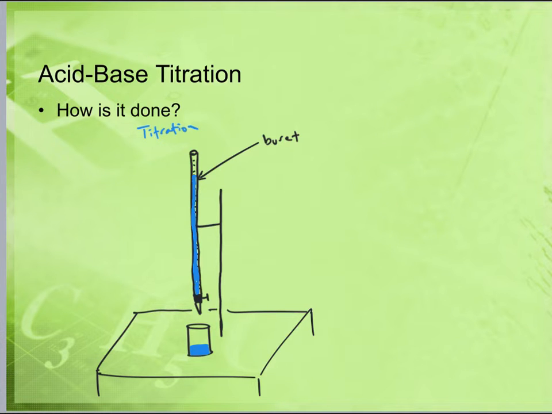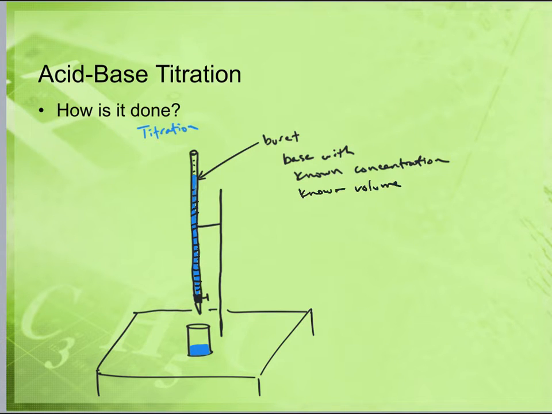So what we put into the burette, we have a base with a known concentration, and we can also know the volume because there's markings along the side of the burette. So I guess I should probably draw it like that. That's okay. All right. So we know the volume because there are markings or graduations along the sides of the burette. So we have the known concentration. We also have a known volume.